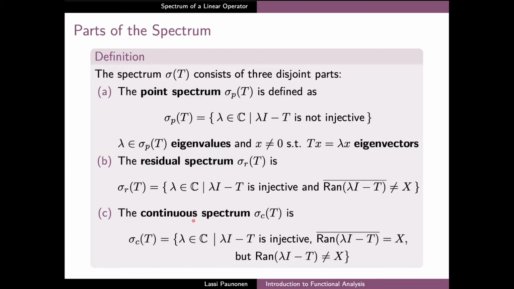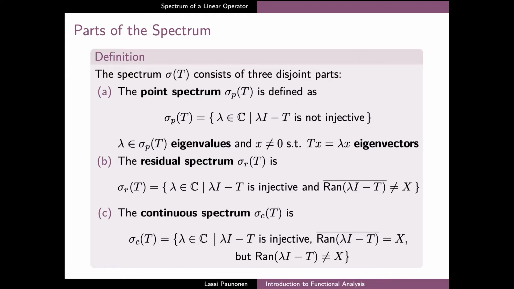The final part, the continuous spectrum, consists of those lambda for which lambda I minus T is again injective, and its range is dense in X, but the operator is still not surjective.